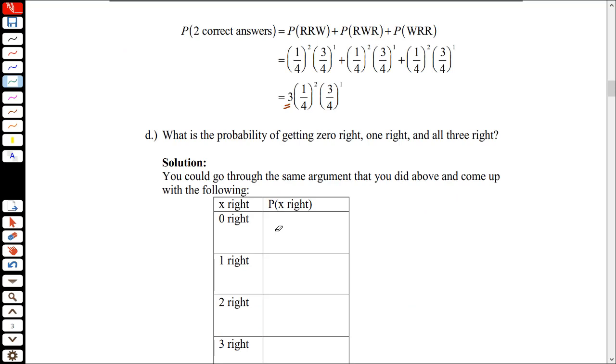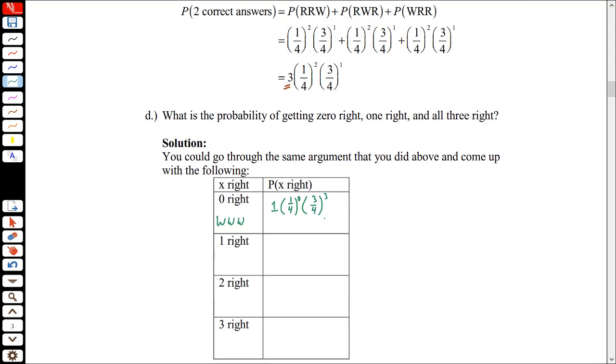So to get 0 right, the only way to achieve that is if I have all 3 of them wrong. So there's only one way to get this event, all 3 are wrong. And then I have the probability that I get something correct, but there are 0 of those. And the probability of getting something wrong, 3/4 to the power of 3, because I have 3 in a row of those.